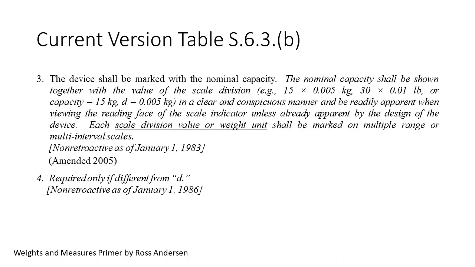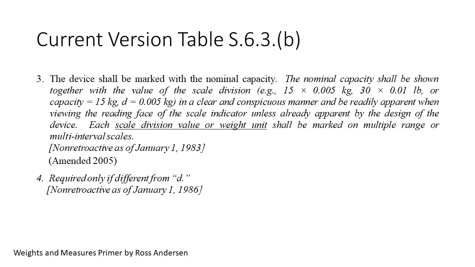These are the current versions of Notes 3 and 4 in Table S63B. Currently, D is the primary marking and E is supplemental when different. The proposed change reflects a desire to make E the primary marking and D supplemental. A second minor problem involved multiple range and multi-interval scales, the underlined part of Note 3.